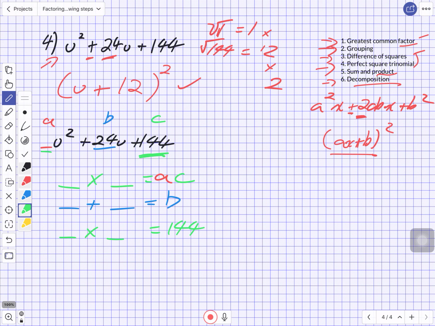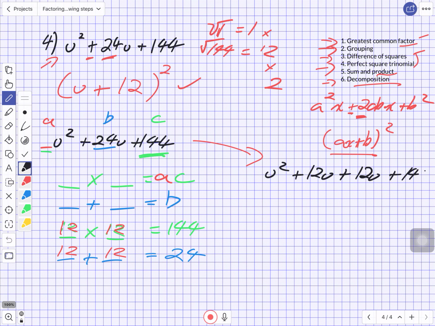And those same two numbers are going to add up to 24. Can you think of two numbers that multiply to 144? 12. Yes, very good. 12. Let's do a different color. 12 and 12. So in decomposition, we would then say u squared plus 12u plus 12u plus 144.